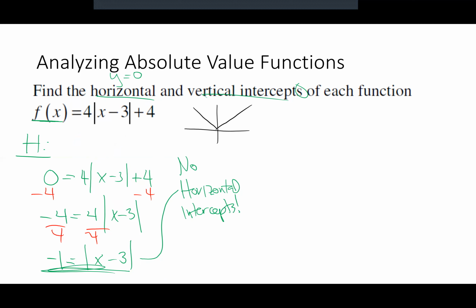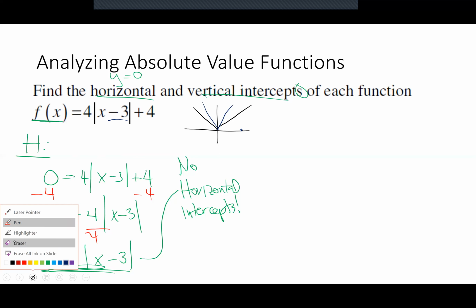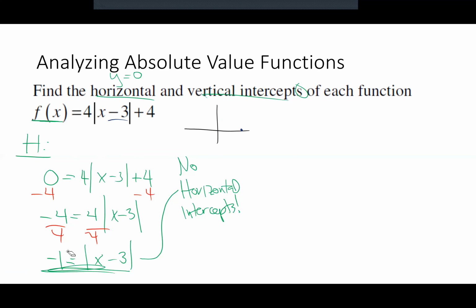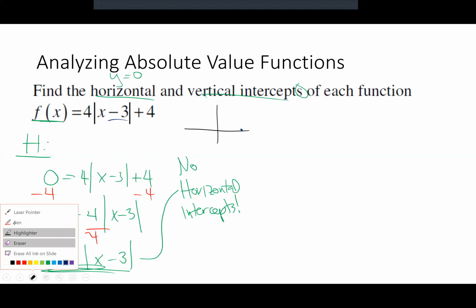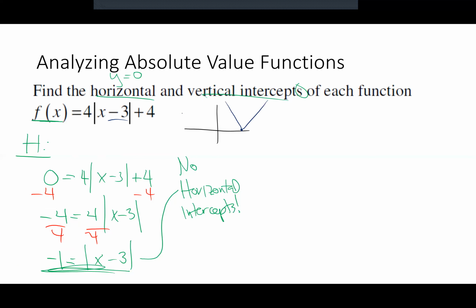The 4 means I vertically stretched it. Boom, so there's that. The -3 means I moved it to the right 3 units. So I vertically stretched it by a factor of 4. I moved it to the right 3 units. Again, this is a rough sketch. And now I'm going to move it up 4 units.